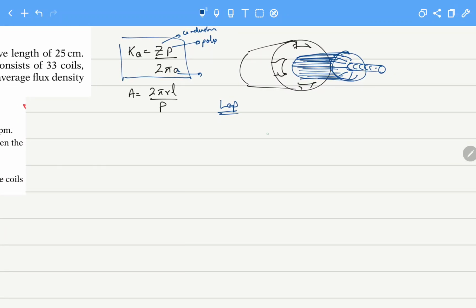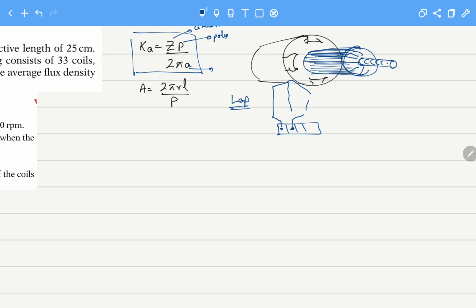Now, if you remember, a lap wound machine is one where a coil starts, turns, and ends at the neighboring side. The next one will start, lap, and end on the neighboring side. So they are overlapping. For this kind of machine, A equals m times P, where P is the number of poles, that is 4, and m is a constant determined by the type of winding.